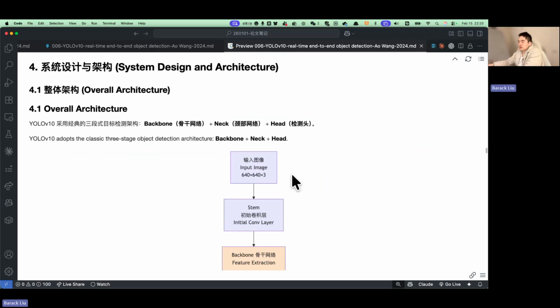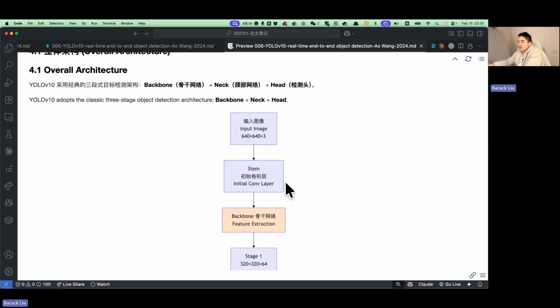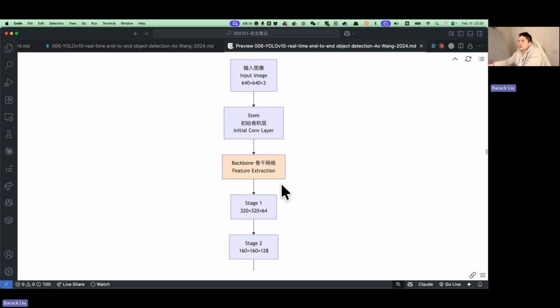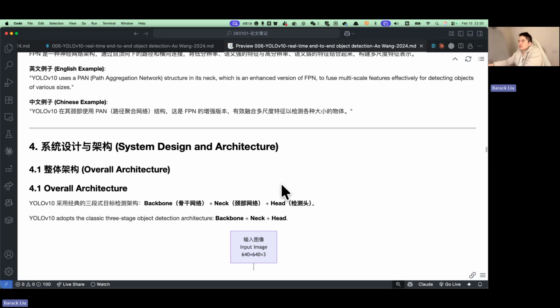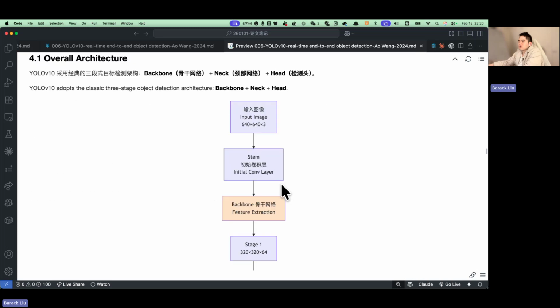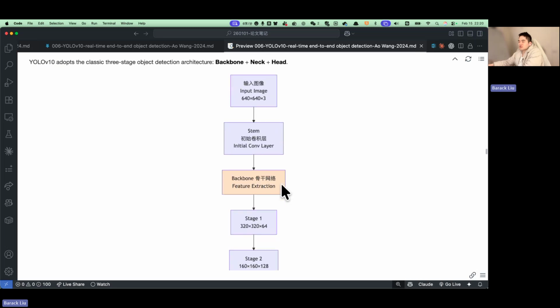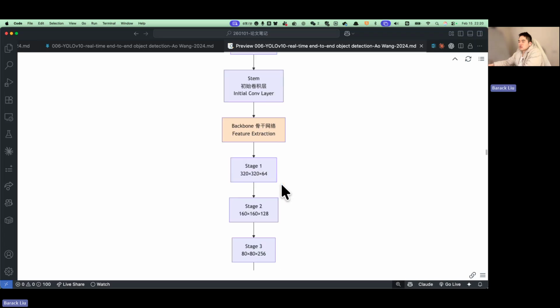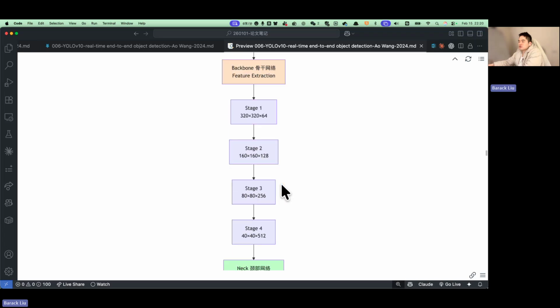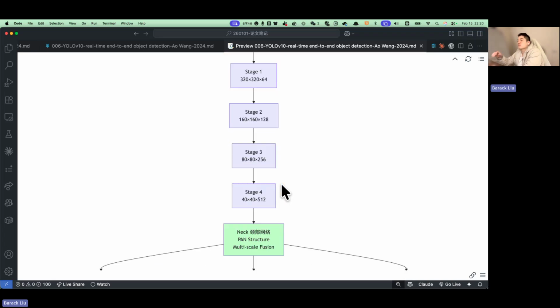So input image, initial convolution layer, feature extraction, stage 1, stage 2, stage 3, stage 4. Neck, PAN structure, multi-scale fusion.